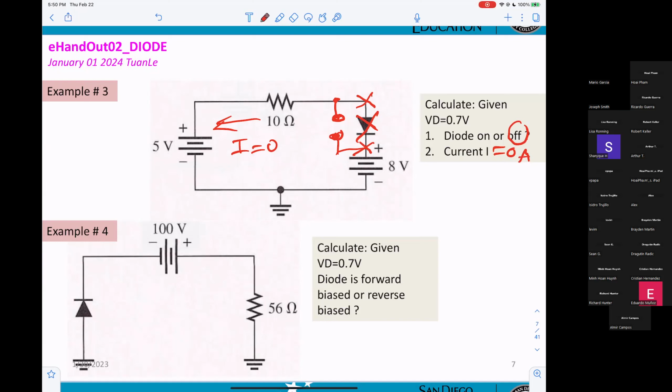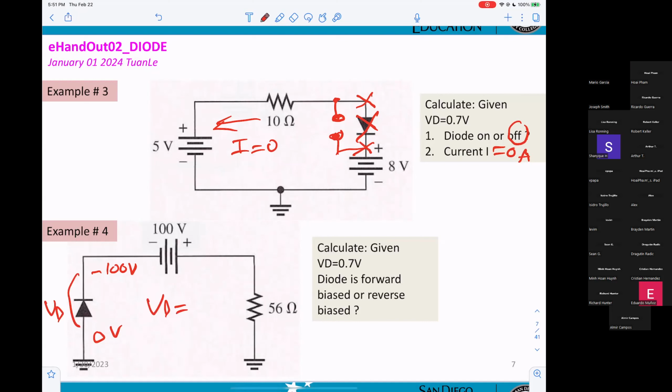Okay, last one. Diode on or off? Where's the voltage? On this side, minus 100 volt. Correct? Oh, I'm sorry, there it is. On this side, 0 volt. I'm so used to seeing a resistor there. Okay, so VD right here.